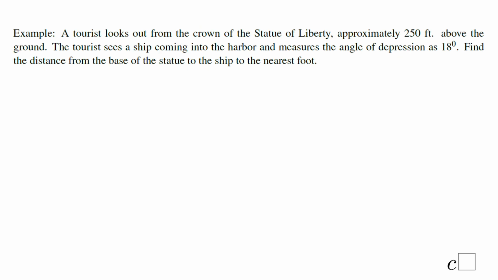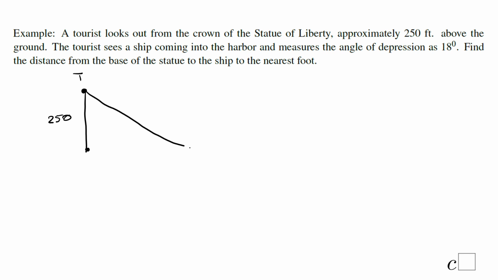Another example, very similar, when you have a tourist looking out from the crown of the Statue of Liberty, approximately 250 feet above the ground. So the tourist is here, 250 feet above the ground. The tourist sees a ship coming into the harbor and measures the angle of depression as 18 degrees.